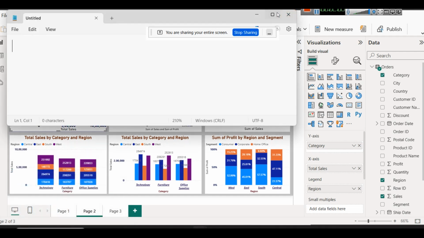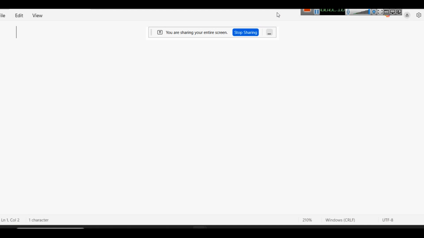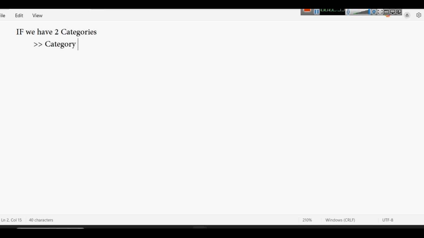So we are dealing with graphs. If we have 2 categories, what can be these 2 categories in this sample superstore? One can be a product category, a product main category, and second can be region.